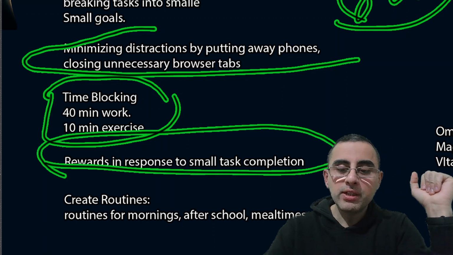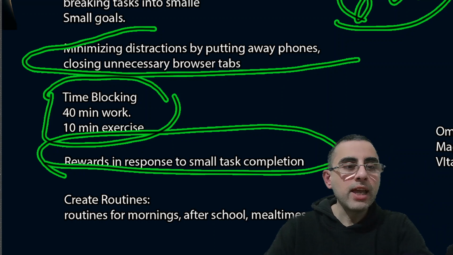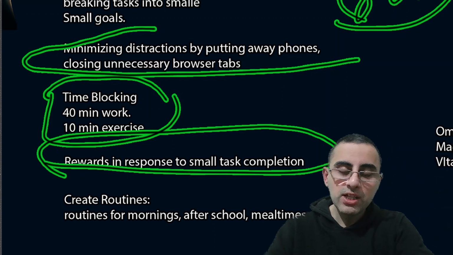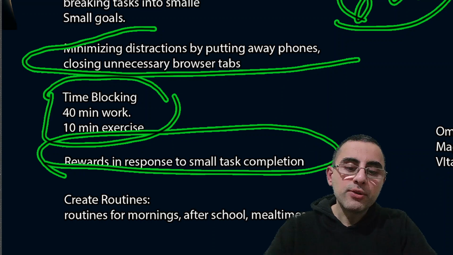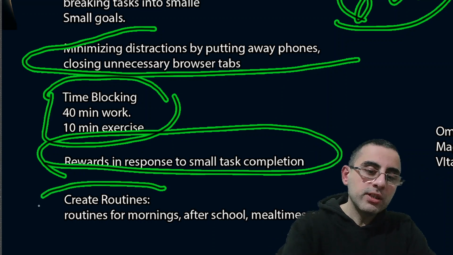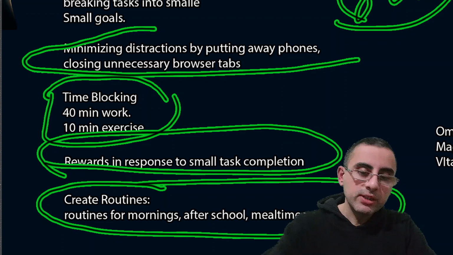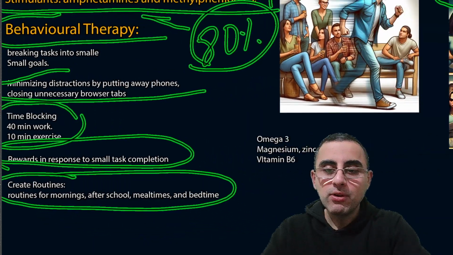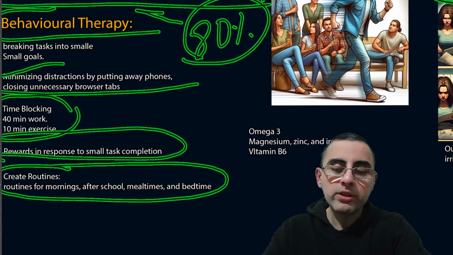It's also important. If you give yourself small rewards, it will give you more motivation. And create routines. Routines are important for adults and for children with ADHD. For example, an after-school routine, after-meal routine, bedtime routine, and morning routine.